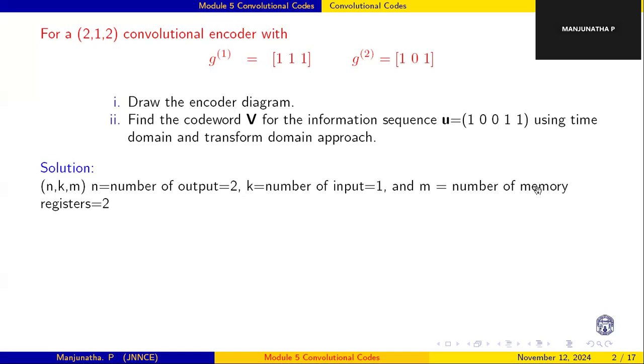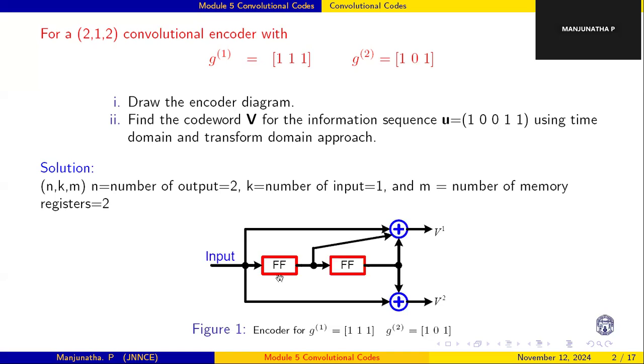How these flip-flops and XOR gates are connected is decided by the connection details: output 1 is 111, output 2 is 101. So the summary is that it has two registers, one input and two outputs.